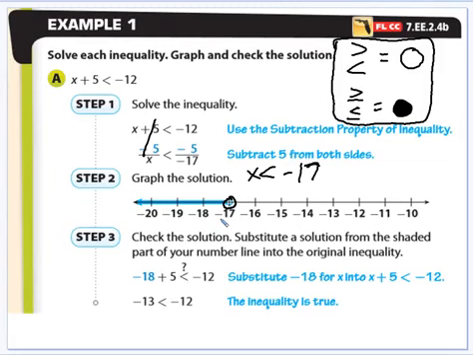And then since x is less than negative 17, we go to the left. All right? X is less than. It's your variable. So now x can be anything that's shaded on the left side.